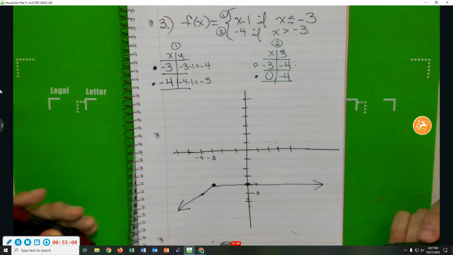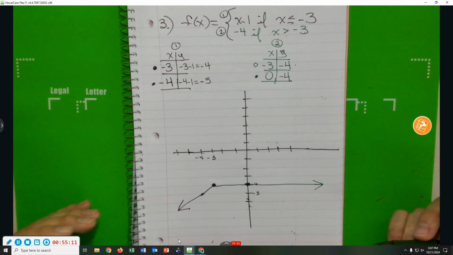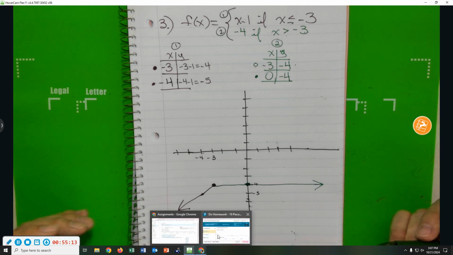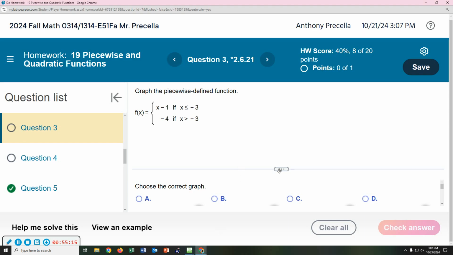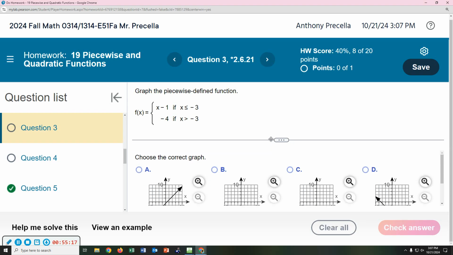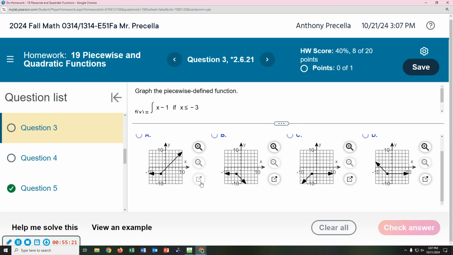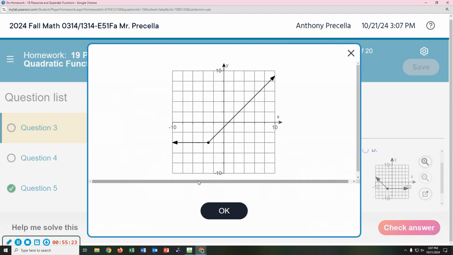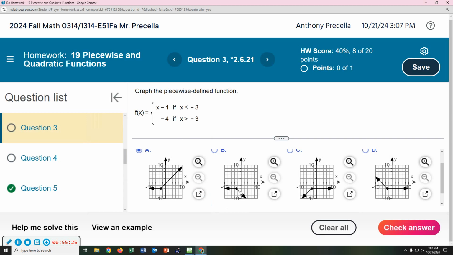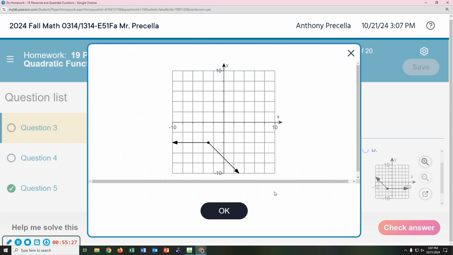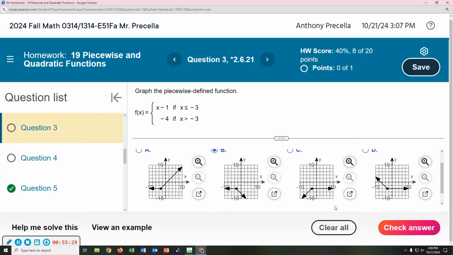Now let's pick the graph, A, B, C, or D. Okay, let me move this up. And let's see. A, no, clearly not A. B, no, clearly not B. C is looking good.